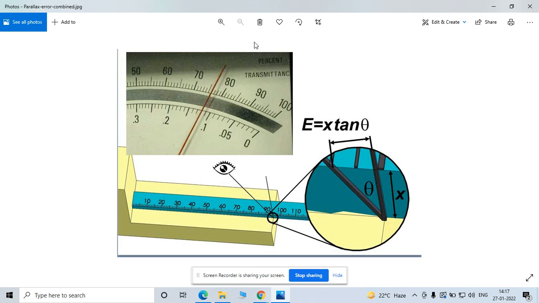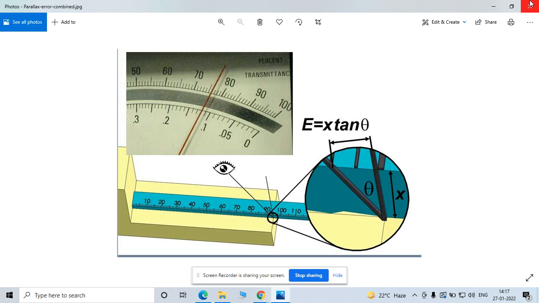Nowadays it is easy to measure, but earlier, the temperature near the boiler was very high, so it was quite risky and difficult to take the readings. At that time such types of error occurred, not in your meter. This is a human negligence error, and this error is constant for all.